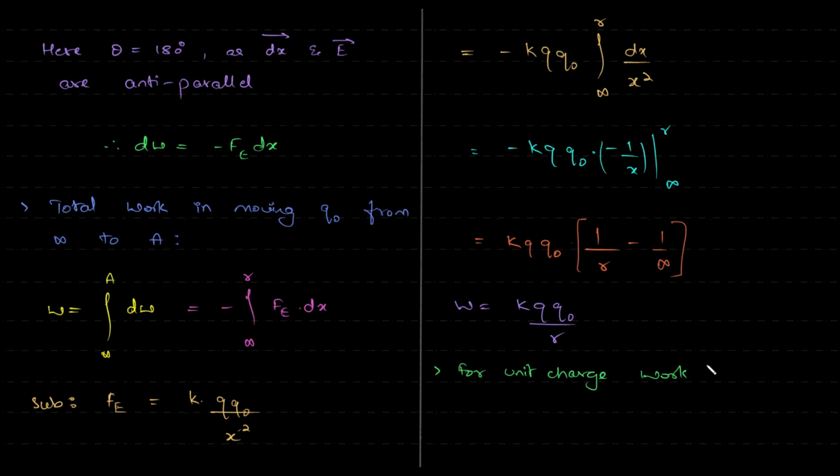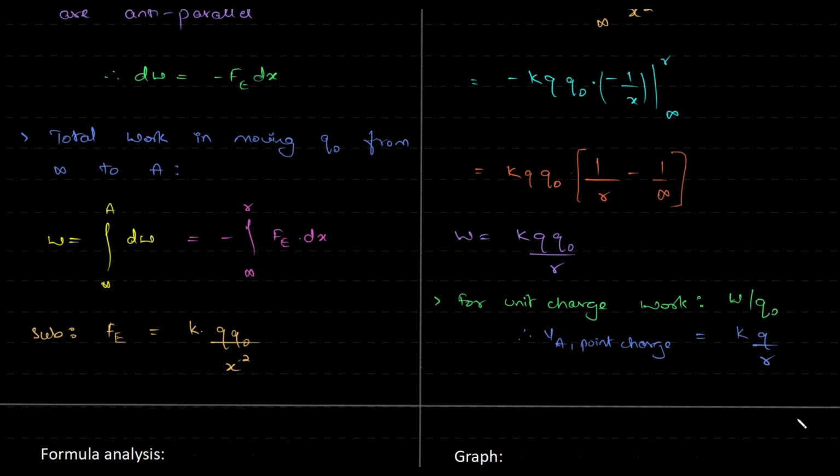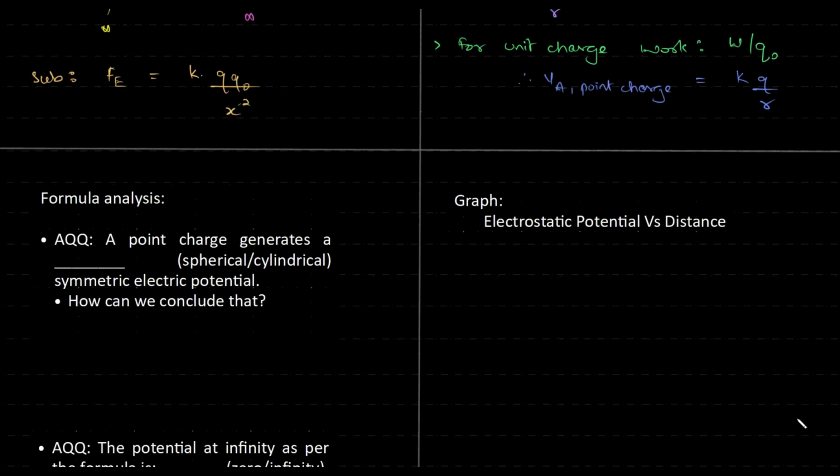So for unit charge, it will be W by Q naught, and that's nothing but your potential at point A. And here the source is your source charge, your point charge. Again, you don't have to represent all of this. It's just VA, but I'm just writing it. KQ by R. That's it. Very simple, is it not? So what is it that we are seeing over here? Let's analyze the formula.